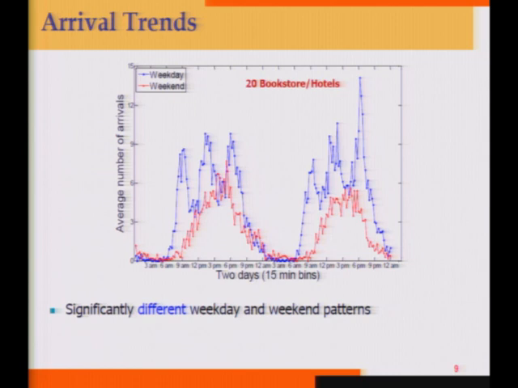So what this says is that if we make a model for the arrival counts, we have to differentiate between a weekday model and a weekend model. In addition, these are aggregate statistics over the total number of bookstores and coffee shops.